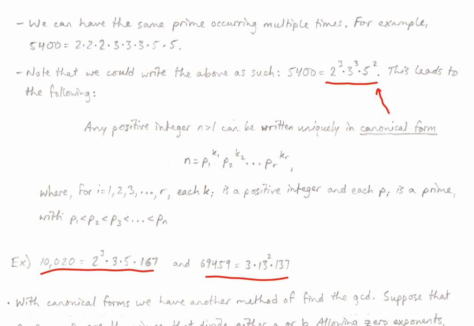So those are just a couple more samples of things being written in canonical form. But you see that we have the primes listed in increasing order in each of these. Each of these primes has a positive power to it, nothing raised to the 0 power, nothing being raised to a power that is negative.